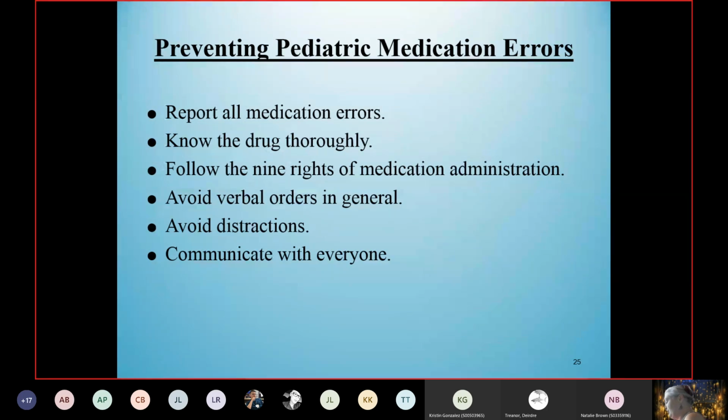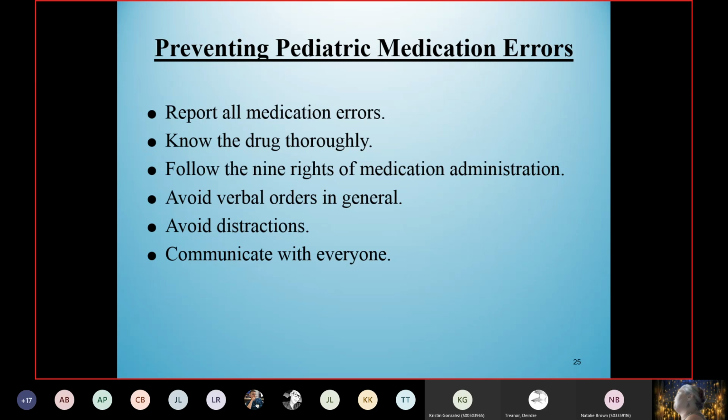High-risk medication errors, higher risk ones include children under 2, those in intensive cares, the ER, highest risk of med errors between 0400 and 0800, so 4 and 8 in the morning, on a weekend, when they're receiving IV or chemo drugs, and if you don't have a weight. Very, very important, you guys, that you check weights, because most children's medication will be weight-based.